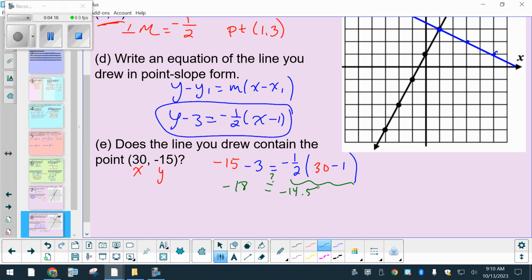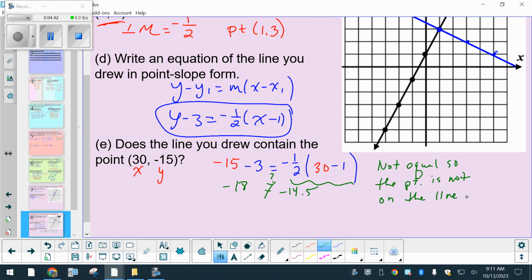And then this is obviously not equal. So it's not equal. So the point is not on the line. Those of you that did, did you solve that for y and then type it into the calculator? It's the only other way.